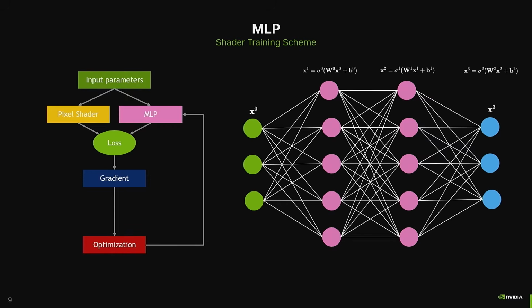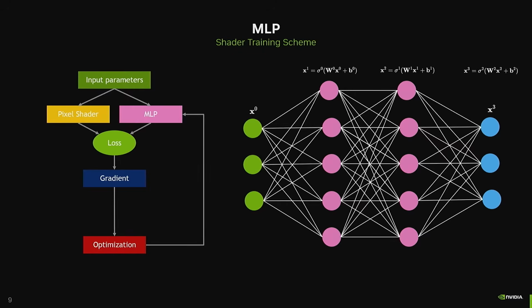They accept the same inputs and produce the same outputs. We put those two outputs from the pixel shader and the MLP into a loss function, which should produce just one discrete value describing how close the results from the pixel shader and MLP are.